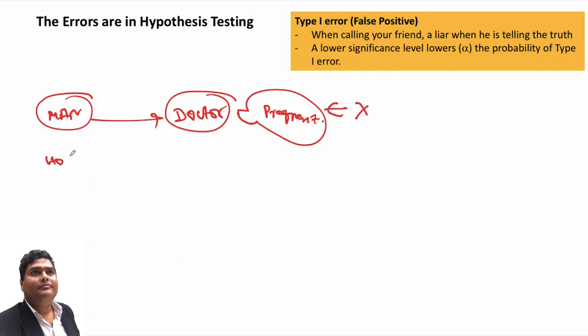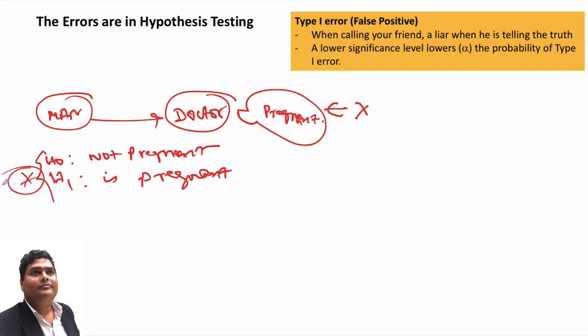The null hypothesis, I can say, is that he is not pregnant, and the alternate hypothesis is that he is pregnant. Is it clear? Now in that case, based on the doctor's advice, if I say no, he is pregnant, and we are rejecting this null hypothesis, correct? So if you reject the null hypothesis based on the doctor, then you are making a type 1 error. This is as simple an example of type 1 error as it gets.